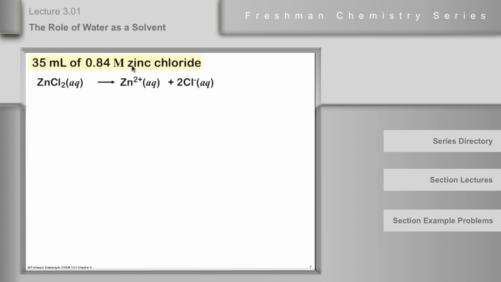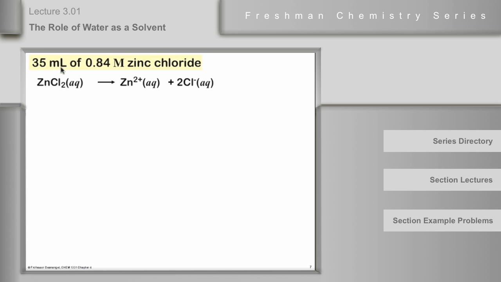35 milliliters of 0.84 molar zinc chloride solution. Okay, we want to know the number of moles of ions, so we're going to have to get the number of moles of zinc chloride to start with, and then we'll use the formula to get the ions.